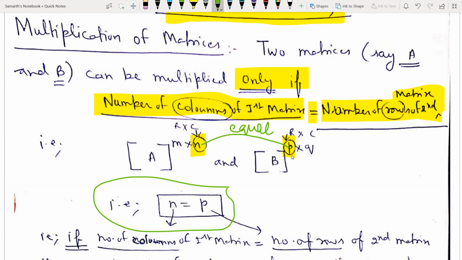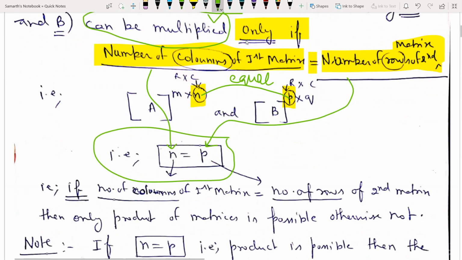P is the number of rows. So I have written: if n is equal to p, that means the number of columns of the first matrix is equal to the number of rows of the second matrix, then only the product is possible, otherwise you can write that the product is not possible.